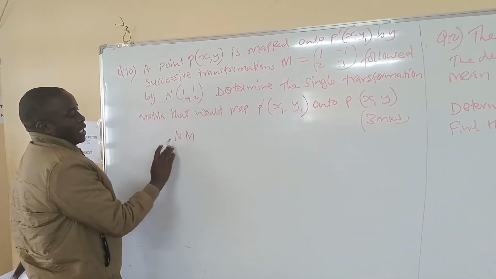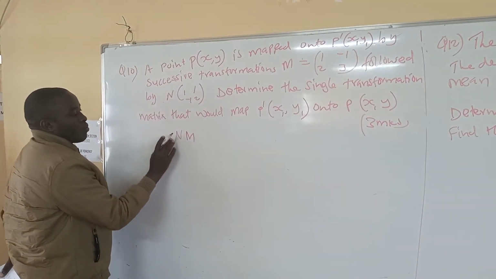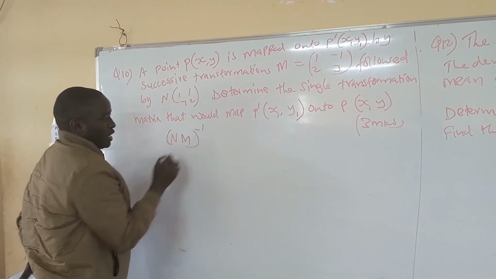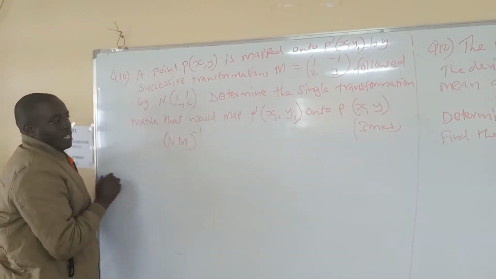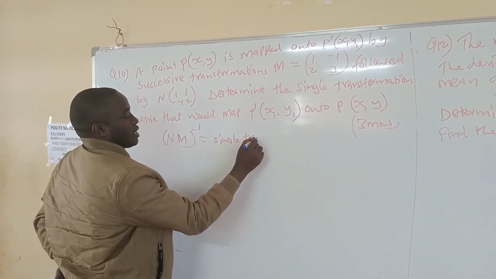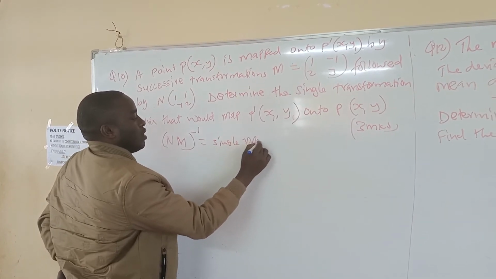And therefore, if we multiply NM and find the inverse of it, this gives us a single matrix.